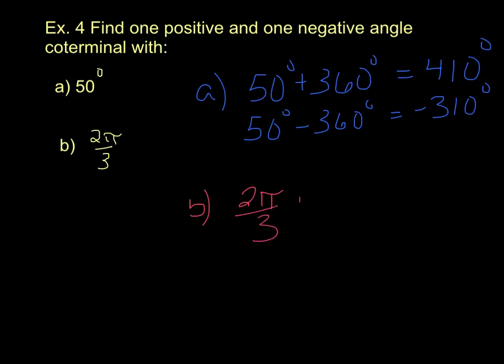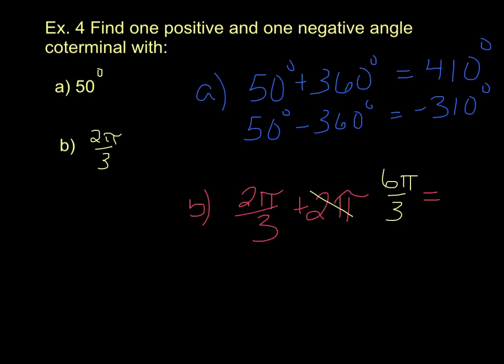Okay? Part B, I've got 2 pi divided by 3. I want a coterminal, so I'm going to have to add 2 pi. Well, I've got fractions, and in order to add fractions, they have to have common denominators. So I need to rethink and think of my 2 pi as really being 6 pi over 3, so that I have a common denominator.